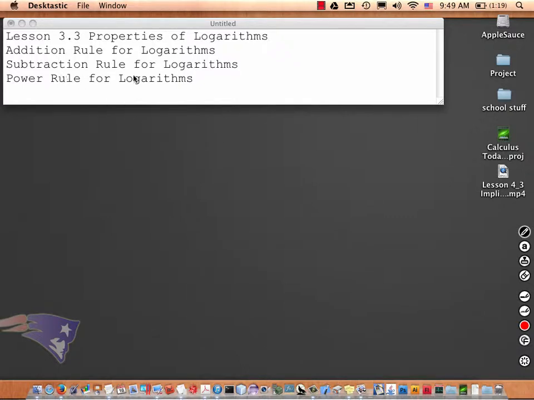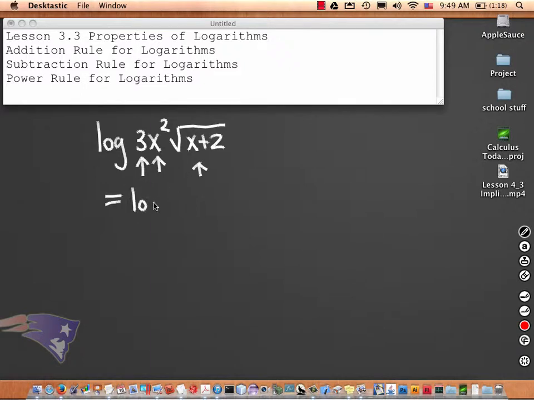All right, now, what if I have logarithm of 3x squared square root of x plus 2? All right. First of all, let's look at the products. So this becomes logarithm of 3 plus logarithm, let's take this painfully slow, logarithm of x squared plus logarithm of square root of x plus 2.